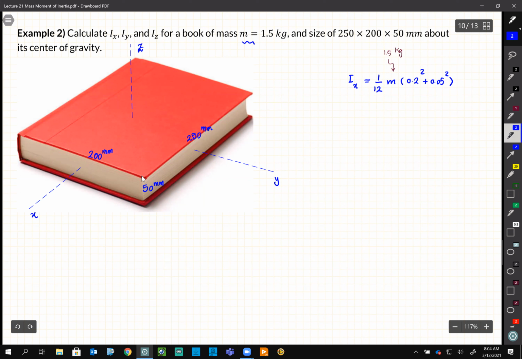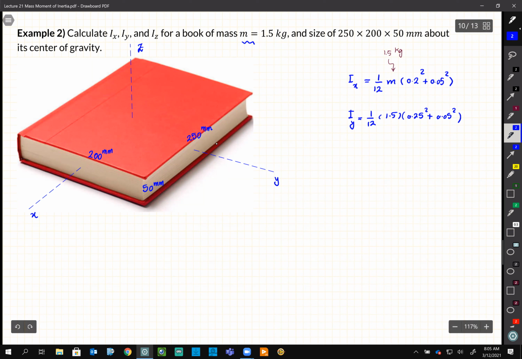We do the same for Iy, which is 1/12 multiplied by 1.5 kilogram. It's obvious, right? Y is normal to this plane, so simply it is 0.25 squared plus 0.05 squared. And whenever you forget the formula, the tables are always available.